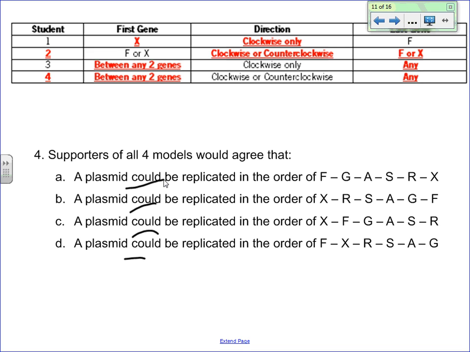Oh, so which one is it? Which is the only one of these that 1 would agree with? Nice. All right, and you can tell that right away. Do you even need to look in the middle? No, but I'll tell you this, you should. Because on the actual ACT, there were 2 options. There was another option that said X, S, R, A, F. It started with X, and it ended with F. But what's the problem with the middle?